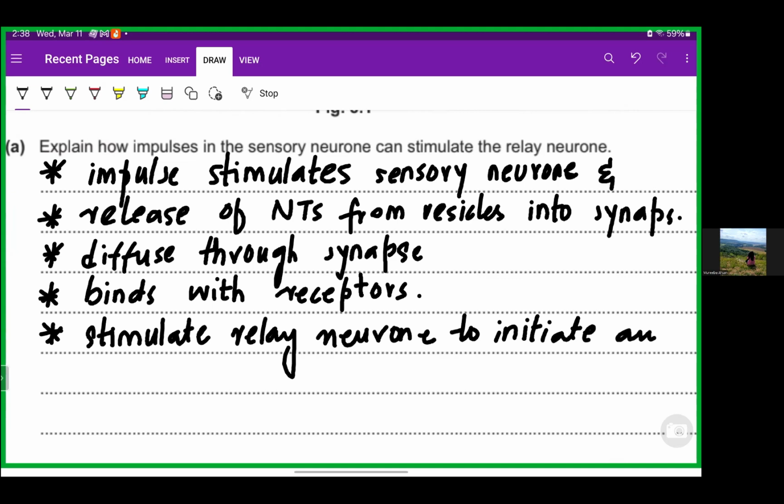So basically, your relay neuron is your postsynaptic neuron. This we have also discussed in detail in the previous paper. Initiate an impulse, which will be then carried to the motor neuron.